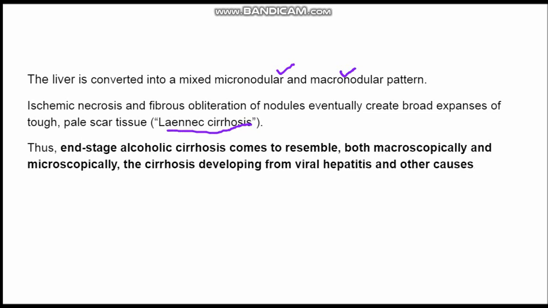So I suggest you watch the video on cirrhosis itself, because by that you will understand the pathophysiology and the patterns in detail. Whether cirrhosis is due to viral hepatitis or alcoholic hepatitis, they all have the same thing at the end. Cirrhosis morphology we have also discussed in detail in that video.